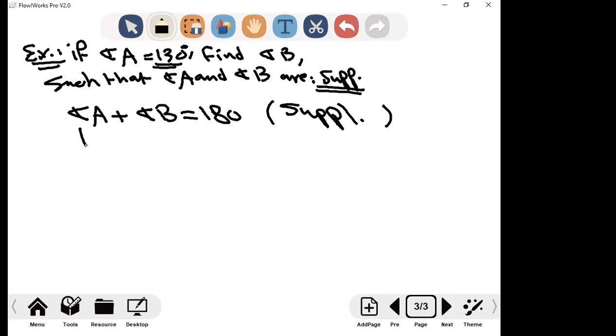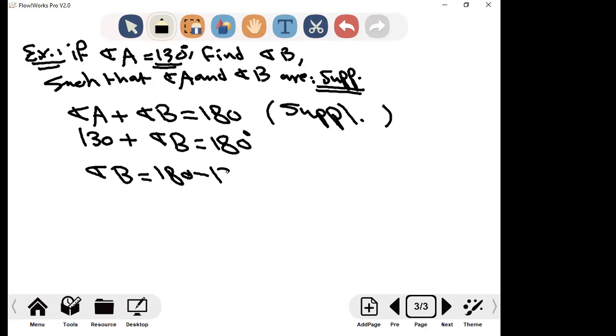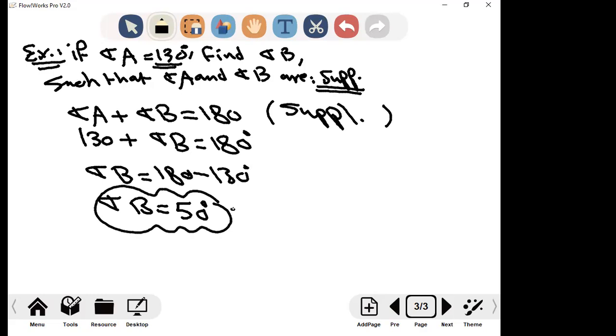Replace it by 130 plus angle B, which we want to find, equals 180 degrees. Now shift the 130 there, so angle B will be 180 minus 130. So angle B equals 50 degrees, right? This is our idea for today. Let's go to our examples.